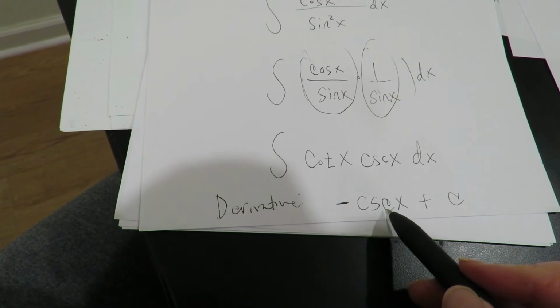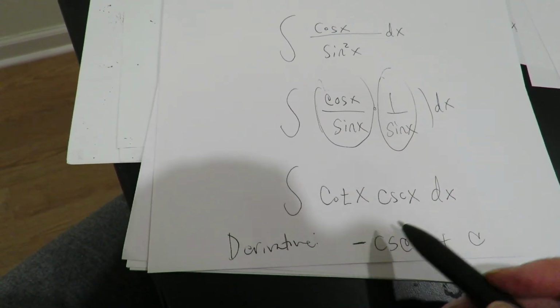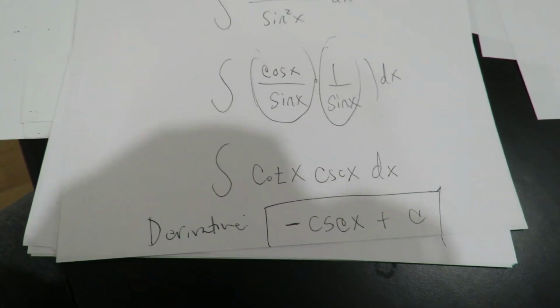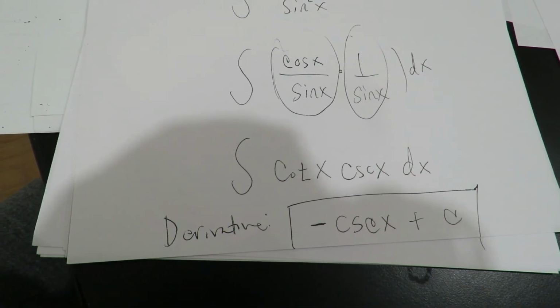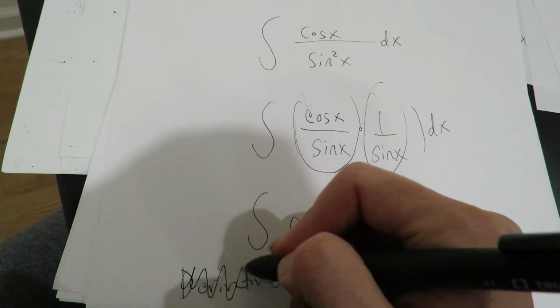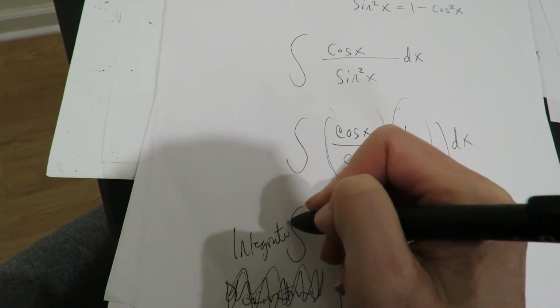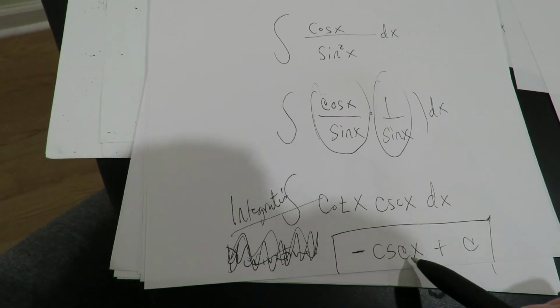So when I take the derivative of this and it becomes negative cosecant cotangent, this negative here will knock out the negative. And you could just see in the rules I showed you earlier that this would integrate to a negative. Okay, so that is the, oh, I wrote derivative. Look at me. Integrate. We're integrating. So the integral of this is this.